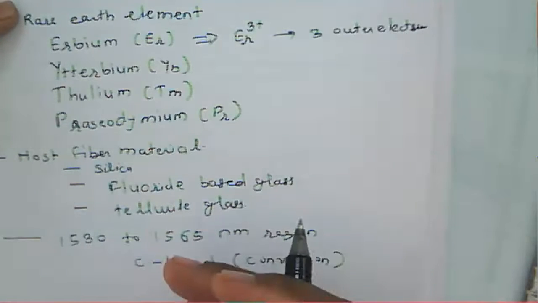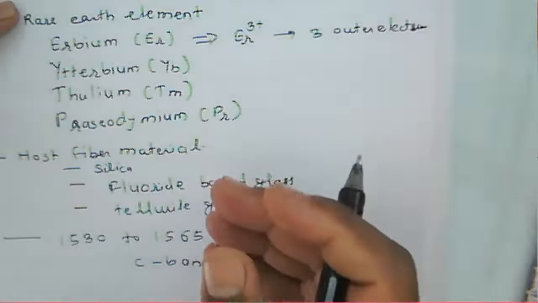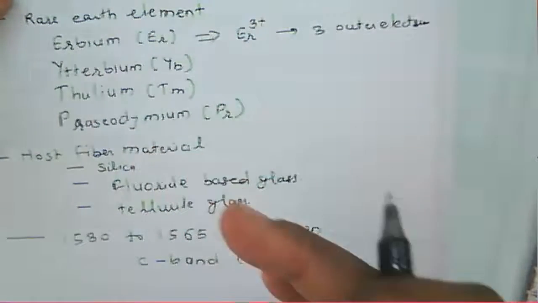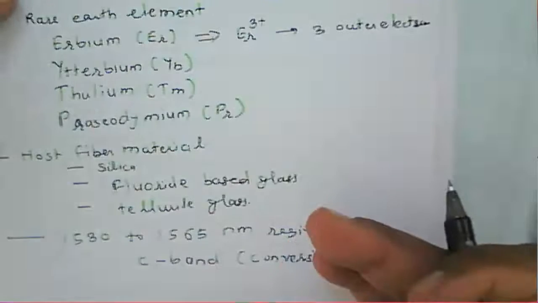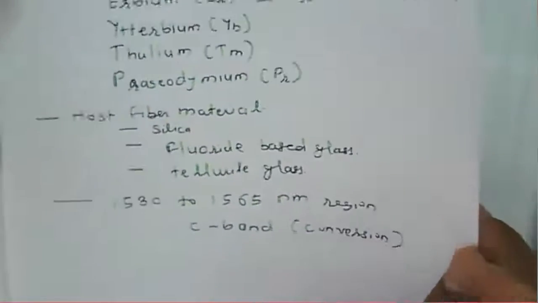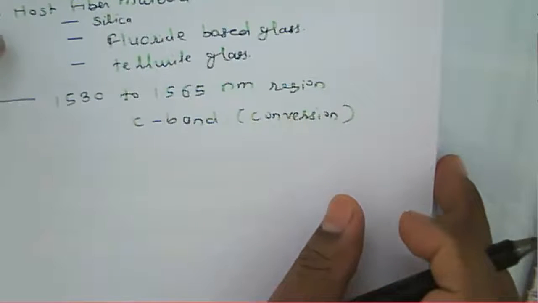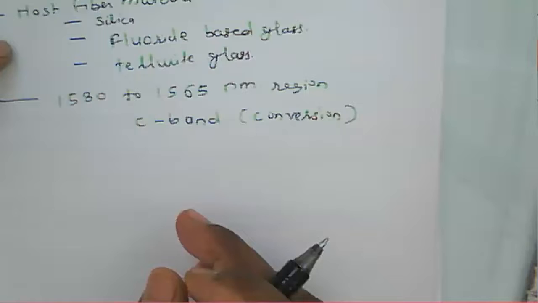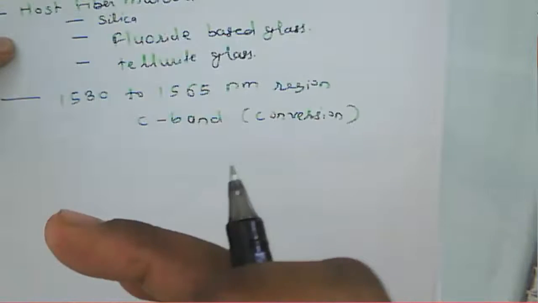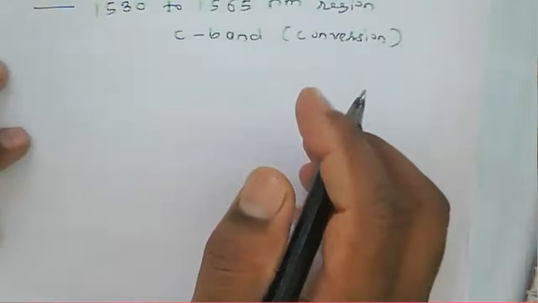That process of raising the ion to the higher energy level is just like a pumping of this electron. So we'll see how the electrons, or the ions, are raised to the higher energy levels.